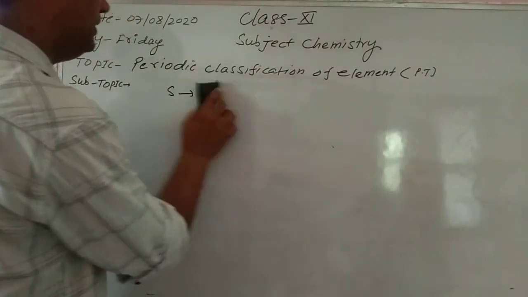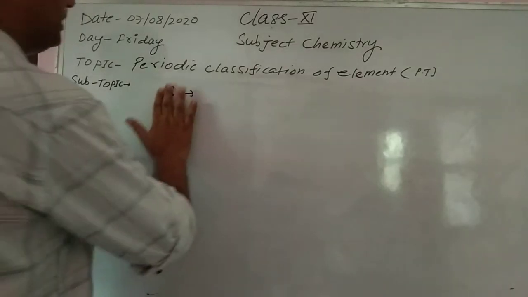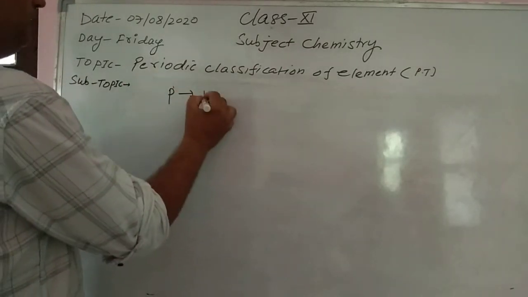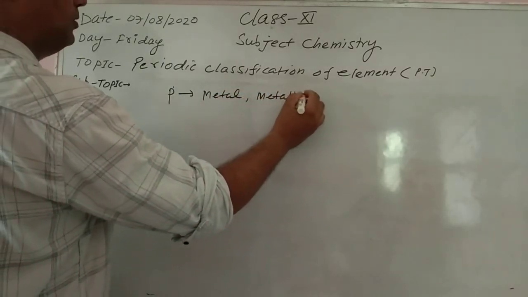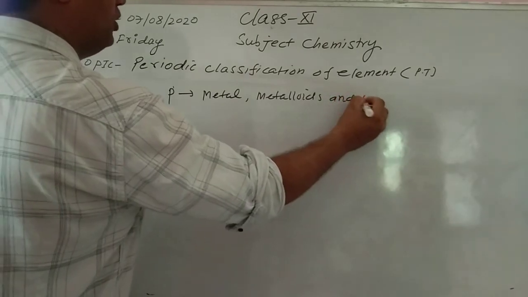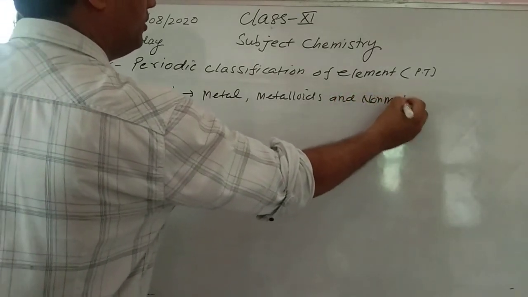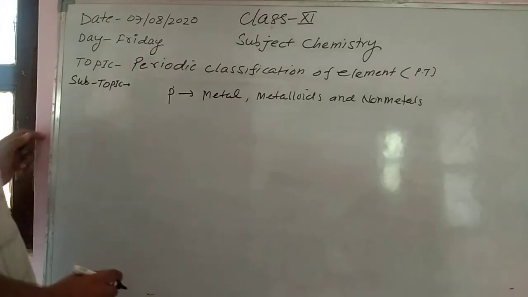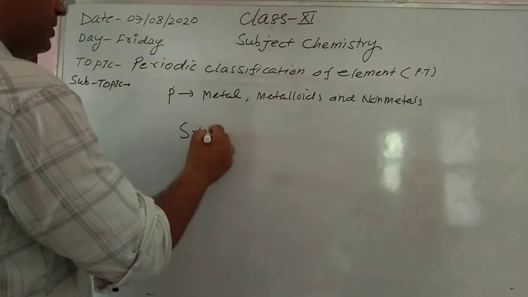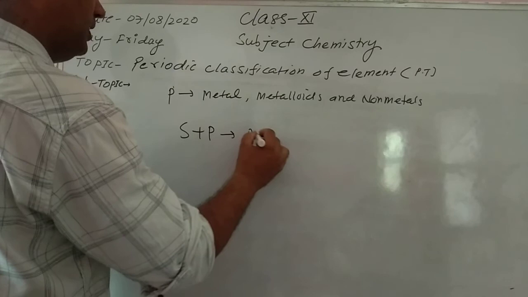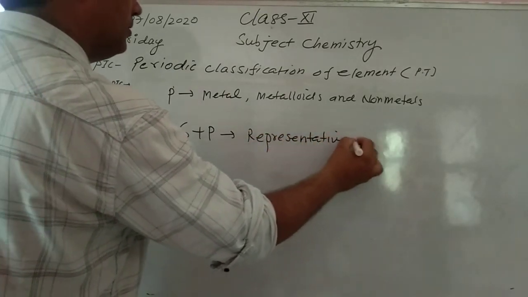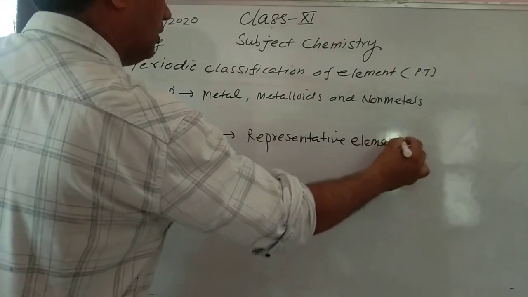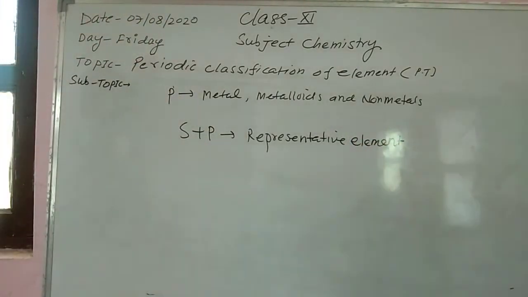P block elements contain metals, metalloids, and non-metals. S plus P block elements are known as representative elements.